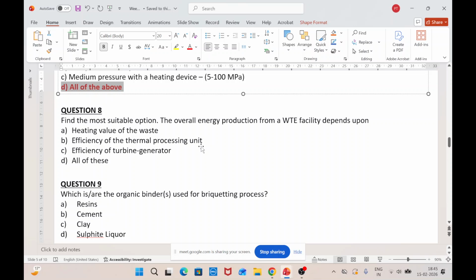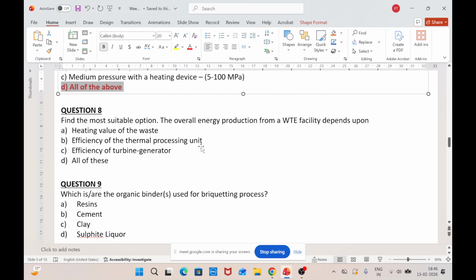We discussed the concept of binder. Why binder? Basically, it aids in interlocking of the particles in the biomass waste. And you have two types of binders: organic binders and inorganic binders.